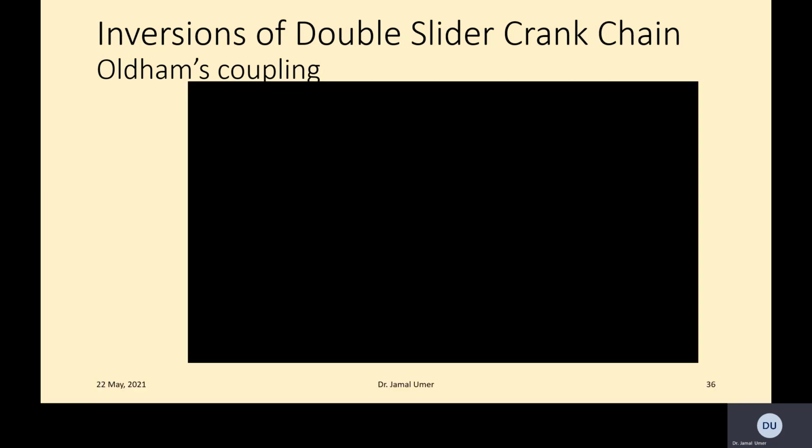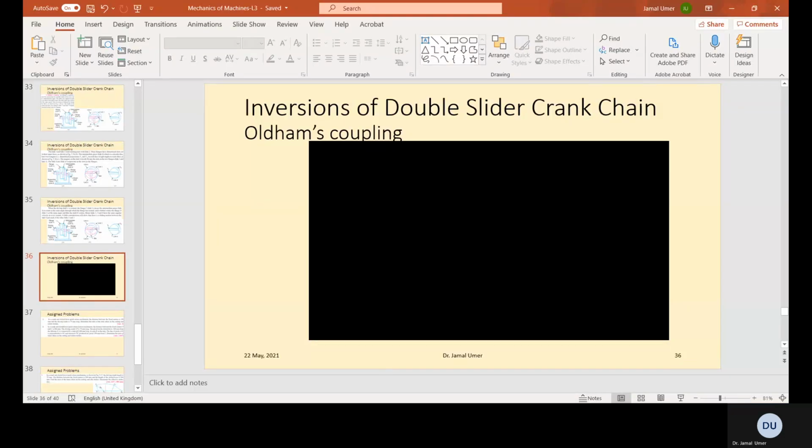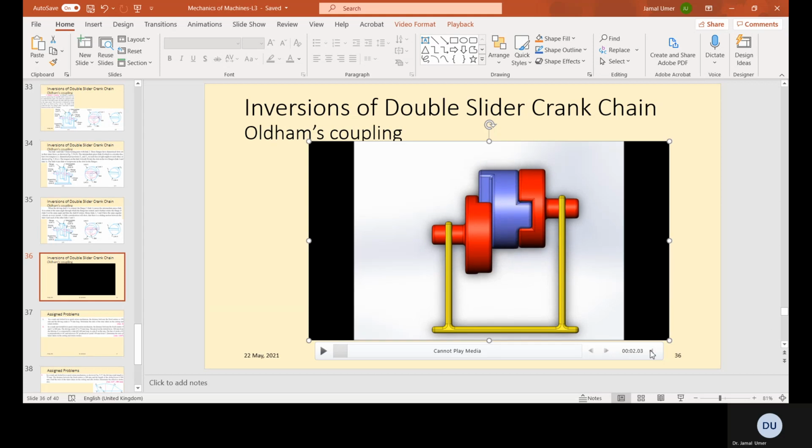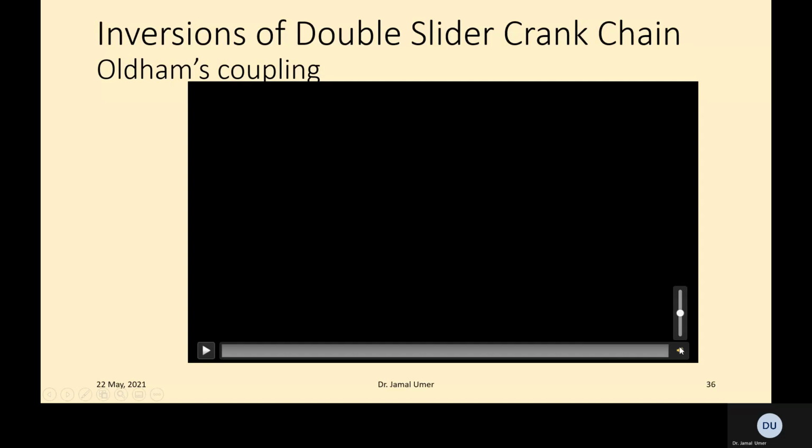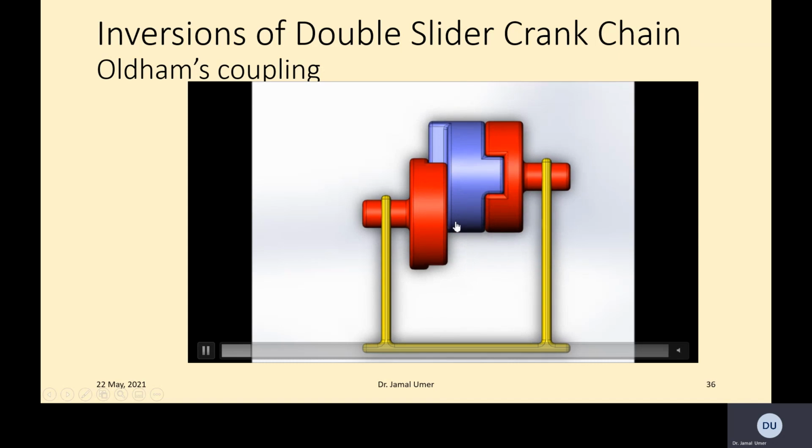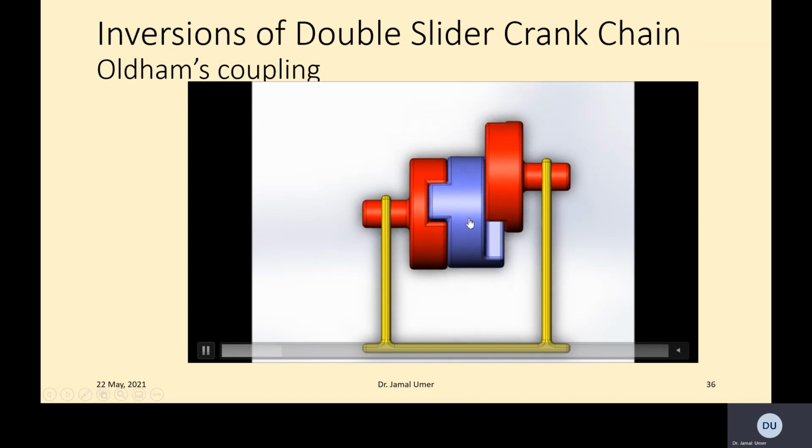I think I will have one of the animations. Yeah, so we can look at this one. You see when it's moving, you see how the intermediate piece is nicely sliding against each other.